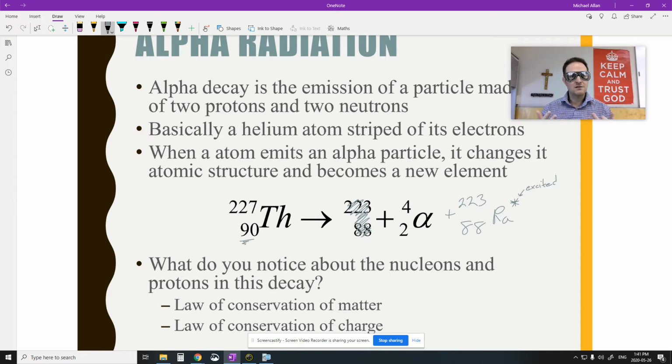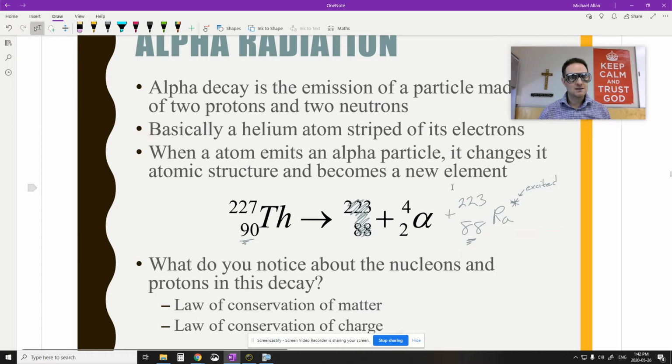So now your shells are based on an 88 proton atom. But before it changes, it's excited, and it's going to have to change to this new energy shell configuration. And when it does that, it de-excites, all the electrons move around, and it emits gamma radiation.